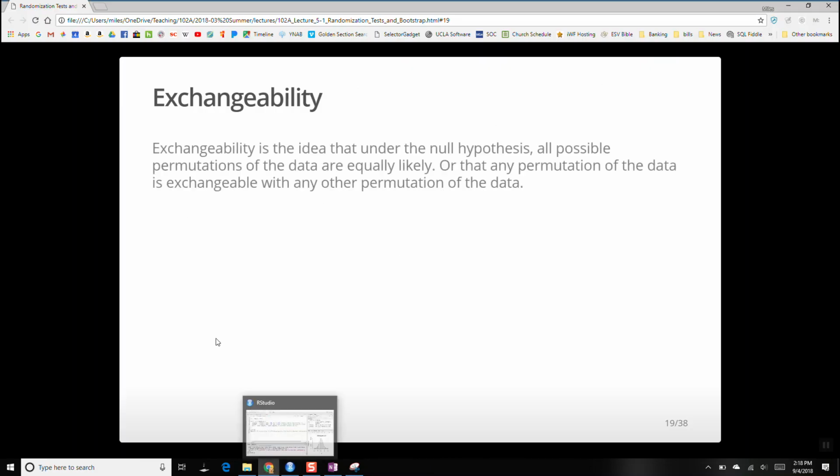Okay, so exchangeability, this is the concept that holds up randomization tests. Exchangeability is the idea that under the null hypothesis, all possible permutations of the data are equally likely, right? So if you think about an experiment where you have random assignment, okay?